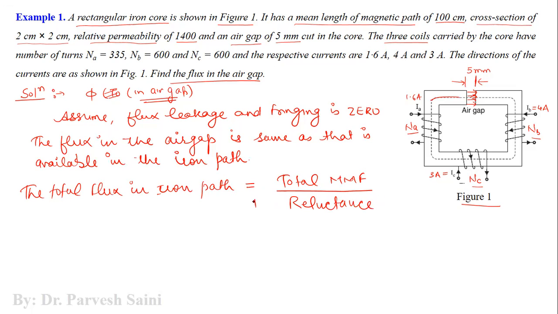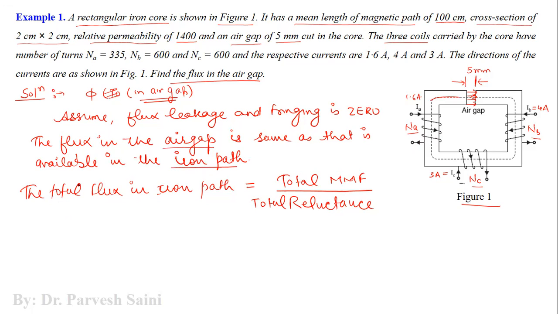Or you can say total reluctance. So in this particular magnetic circuit, if we can find out the total reluctance and the total mmf of the circuit, we can easily find out the total flux of the iron path, and the flux in the iron path is the same, which means the flux in the air gap is equal to the flux in the iron path, right?